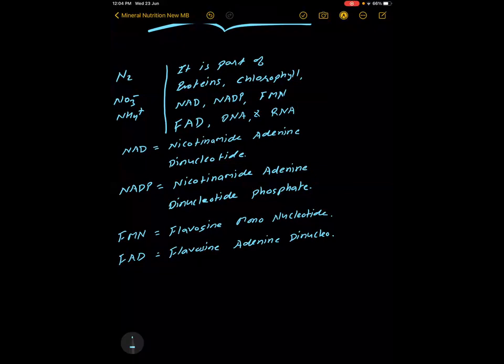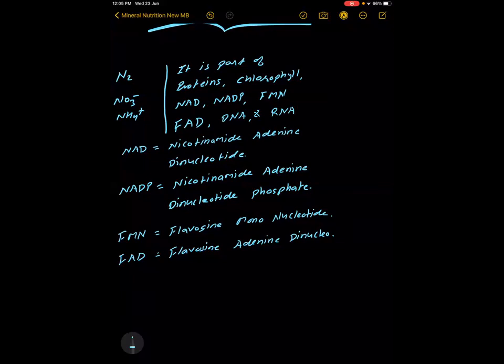ATP is converted into ADP, adenosine diphosphate. FMN is formed during the electron transport system, and FAD also.